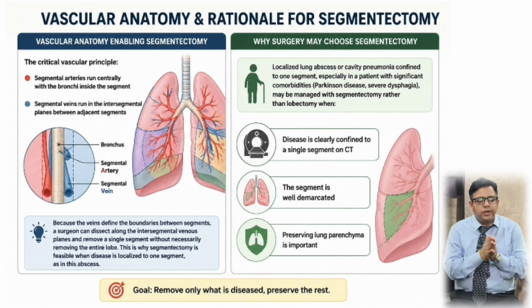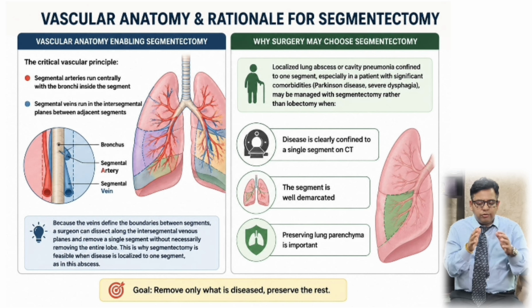So, I will be discussing the critical vascular principle which is applied in this case. The segmental arteries are running centrally along with the bronchus, and the veins are running in the intersegmental planes along with the connective tissue septa.